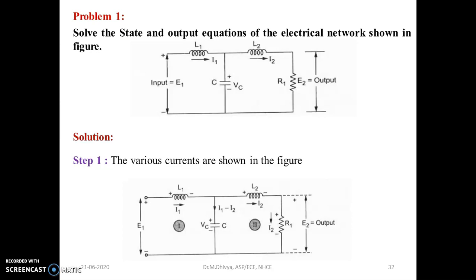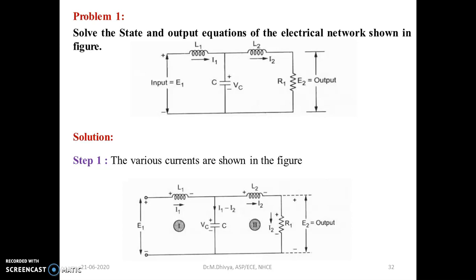The current I1 is flowing across the resistor and inductor L1, and the net current I1 minus I2 flows across the capacitor C. I2 current flows through the inductor L2 and the resistor R1.